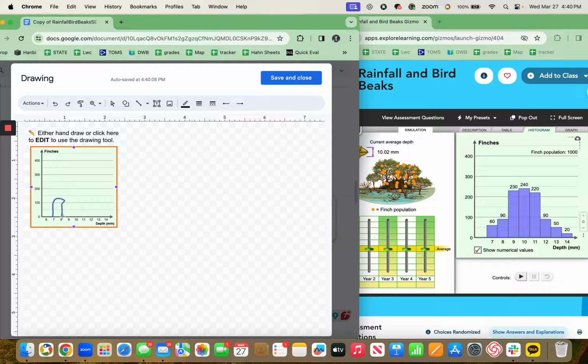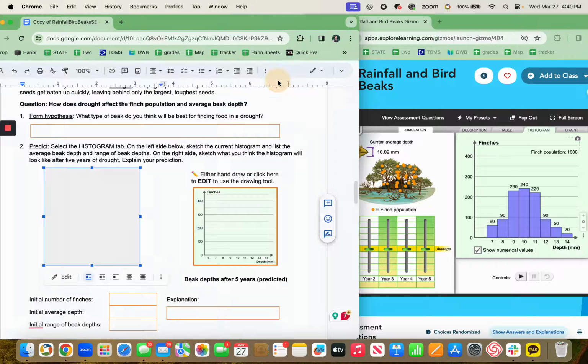But I don't want you to agonize over this part. Both of these are not really great. I'm supposed to be drawing this, which I'm not doing a great job at, but I'm going to do that, and then I'm going to do my prediction.